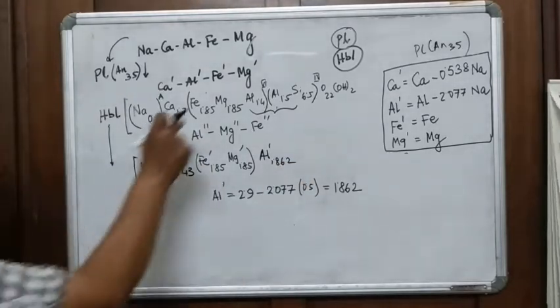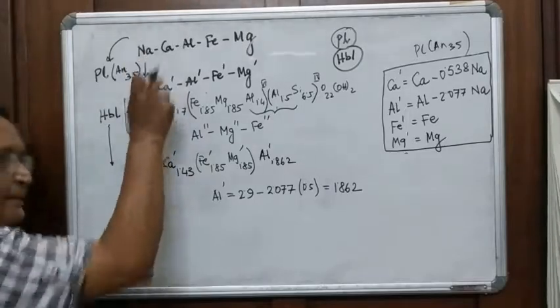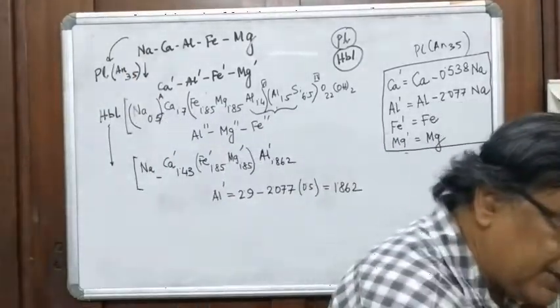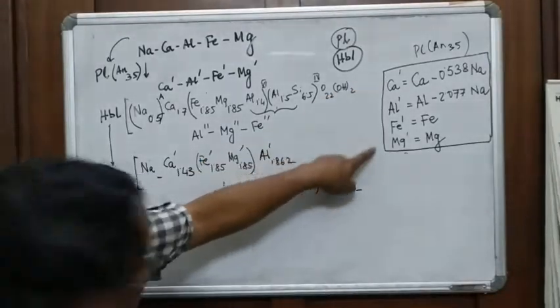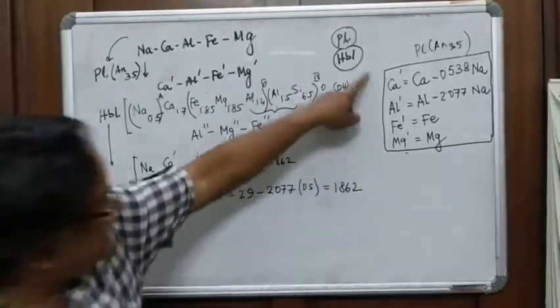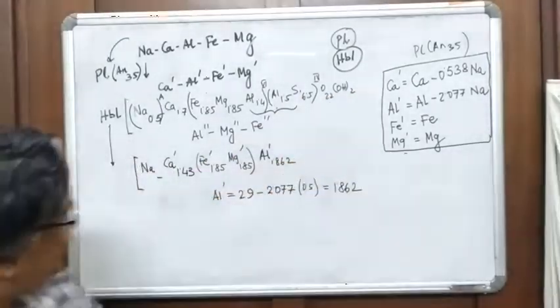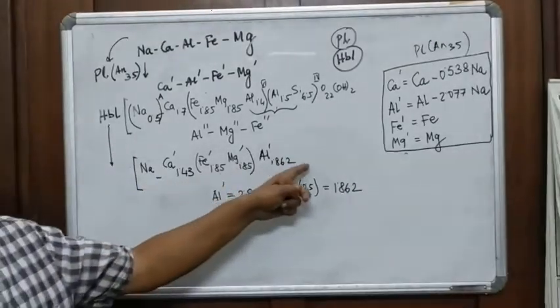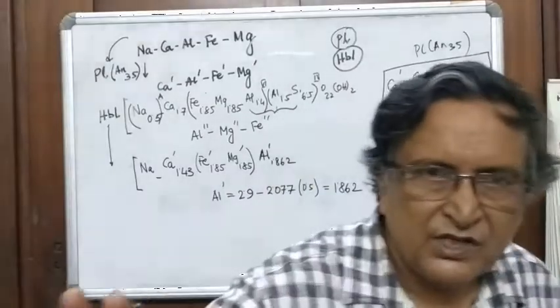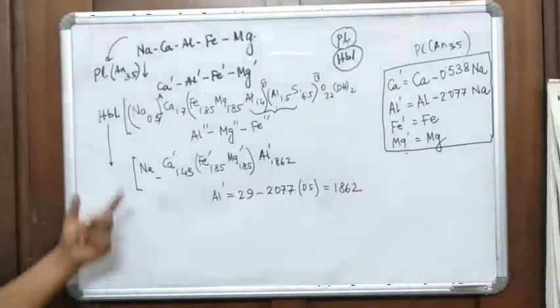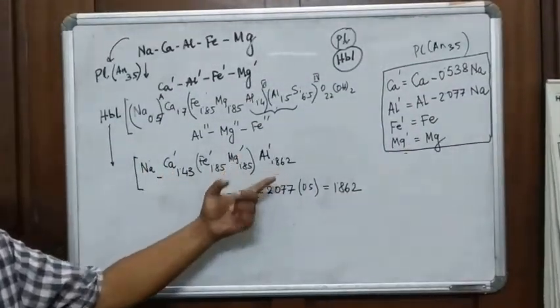So you see, since you have already projected it from plagioclase, your hornblende is also projected into this composition space. In this composition space, your new hornblende has this composition. Rest does not matter to me. But this is what the compositions are.